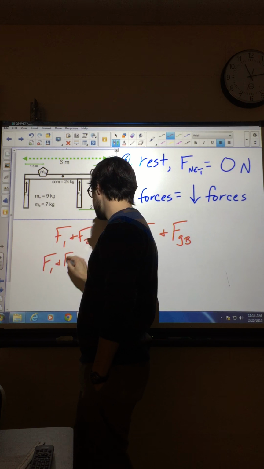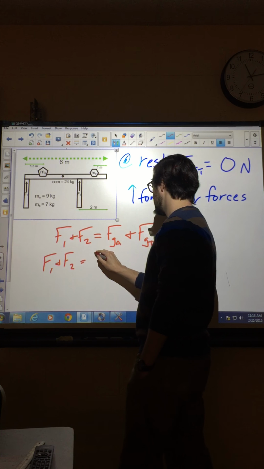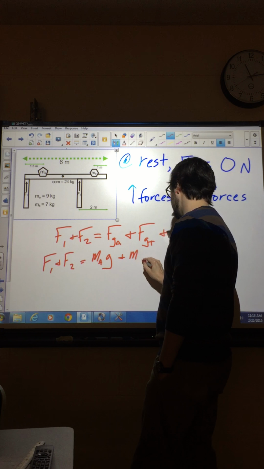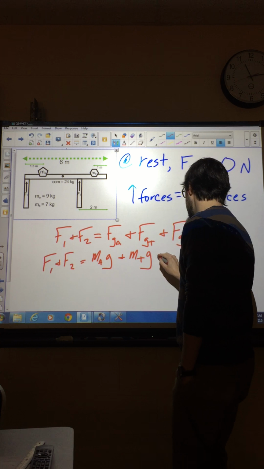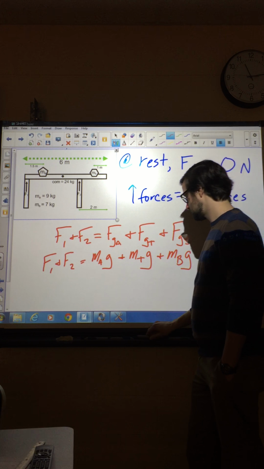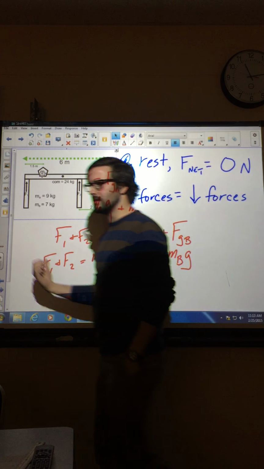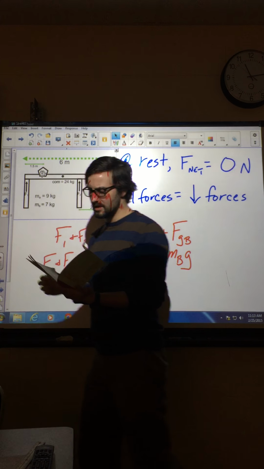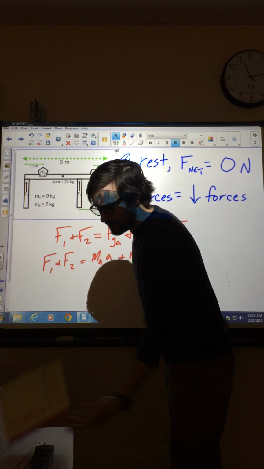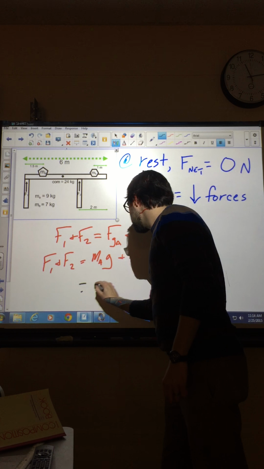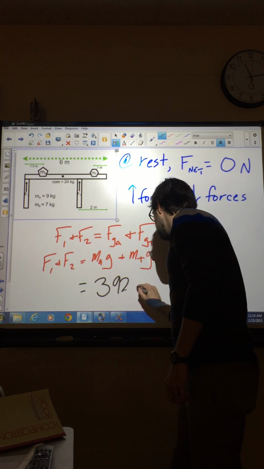So F1 plus F2 equals MA times G plus MT times G plus MB times G. And you should be able to bust out that calculation, no problem. You take the mass multiplied by the gravity. What you get is that the net downward force is equal to 392 newtons.